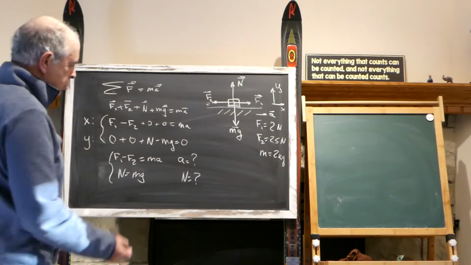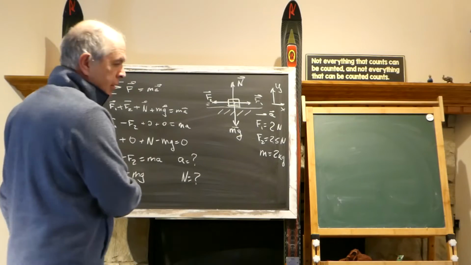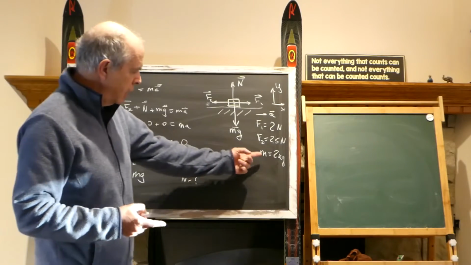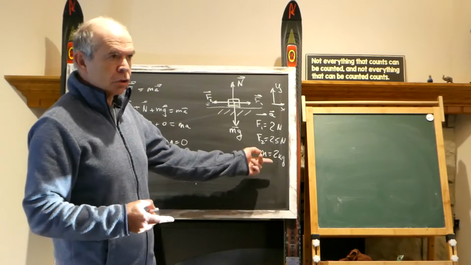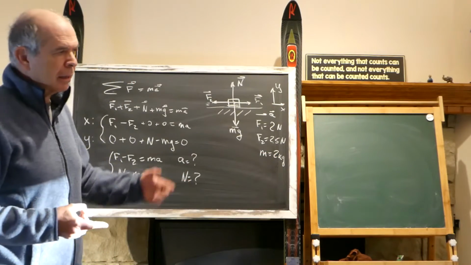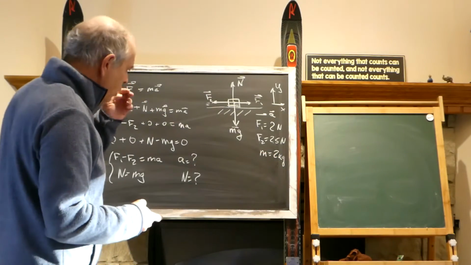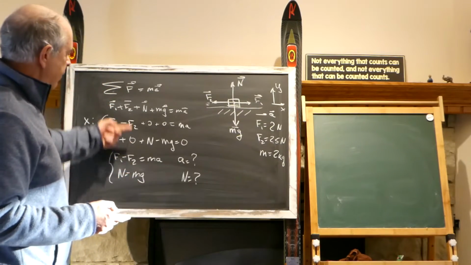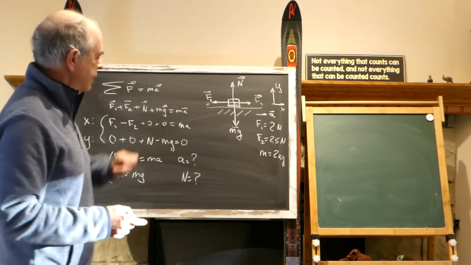Two equations, two unknowns. Nobody is even asking us about N, but if they ask, it's very simple. It's mg, 2 multiplied by g, 19.6 newtons, if they're asking. But this is basically that everything is in balance along this line.